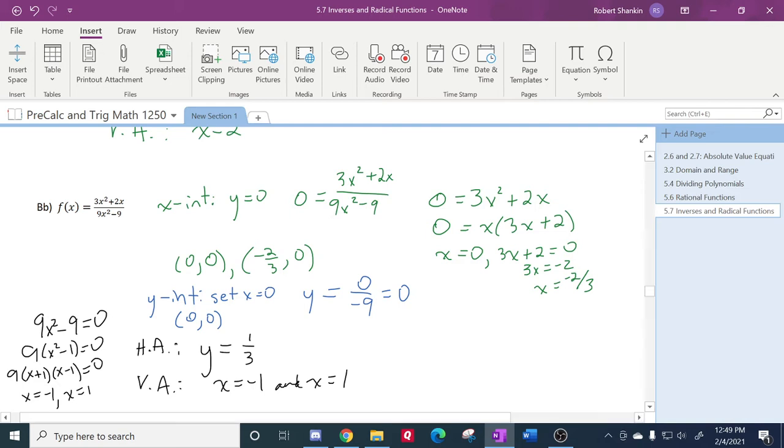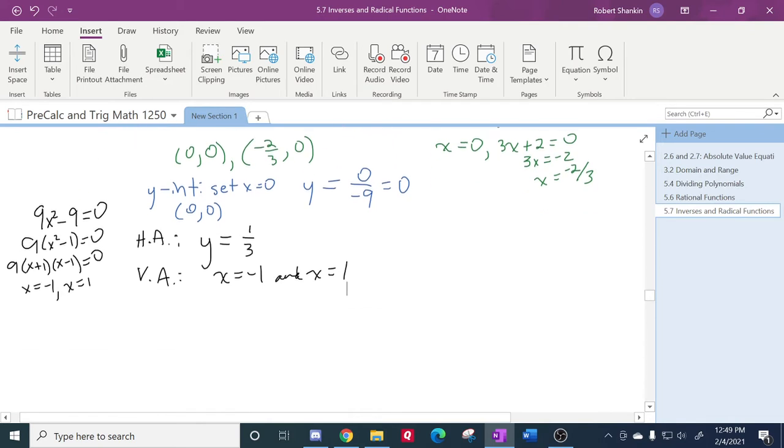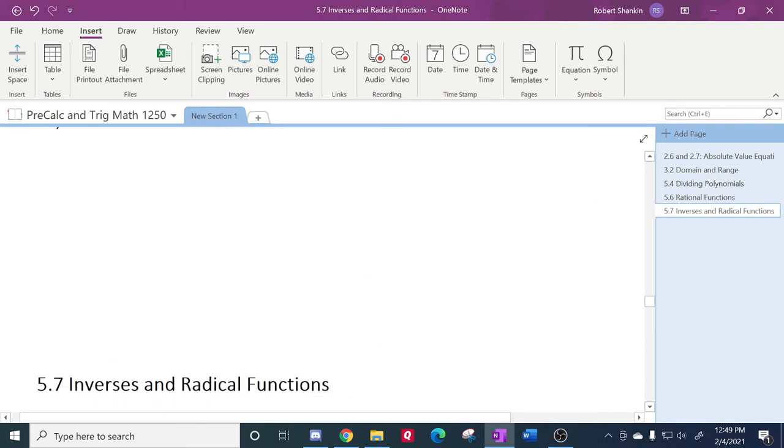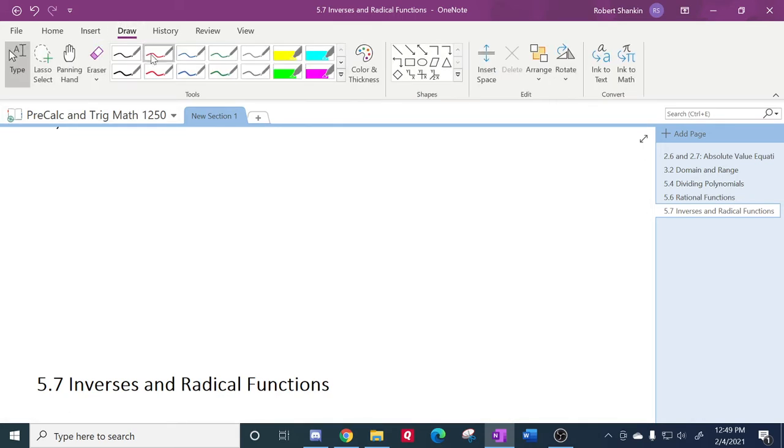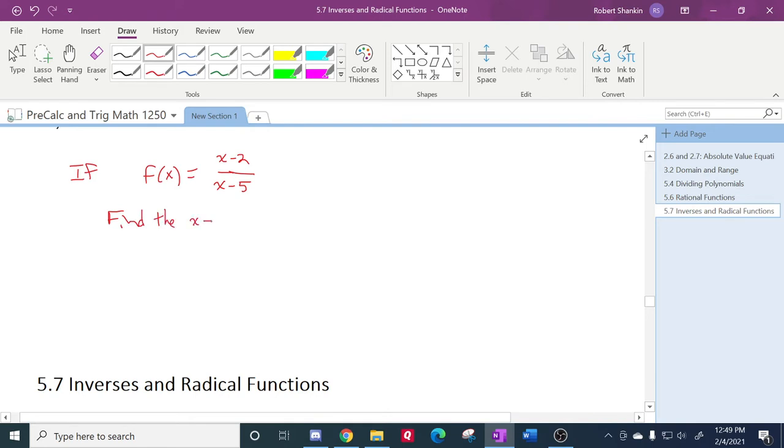Okay. Let me take a simpler example to show you. All right. So let me change color here. If f of x is equal to x minus 2 over x minus 5, and I say find the x-intercept.